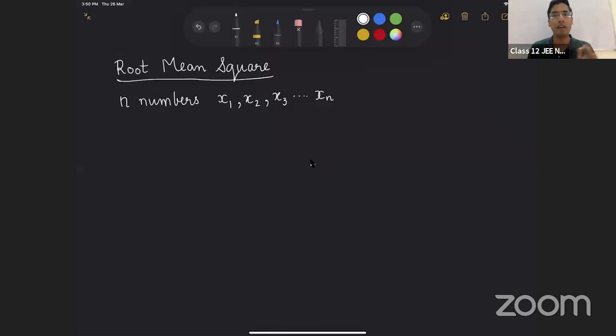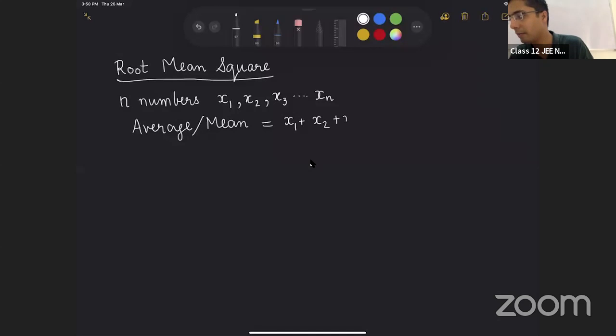Now in maths we have studied something called an average or mean. The average or mean is defined as x1 plus x2 plus x3 and so on. You add all the numbers and you divide by the number of quantities, right? This all of you know.